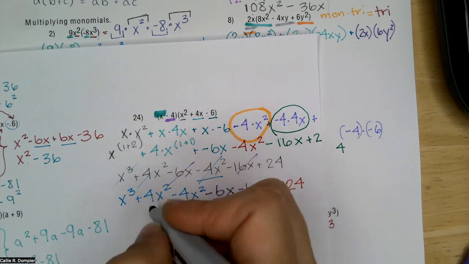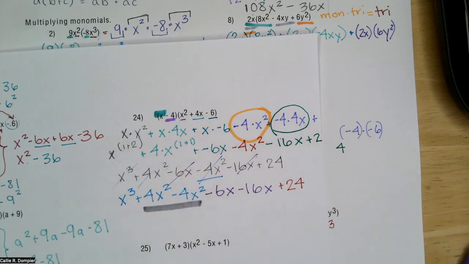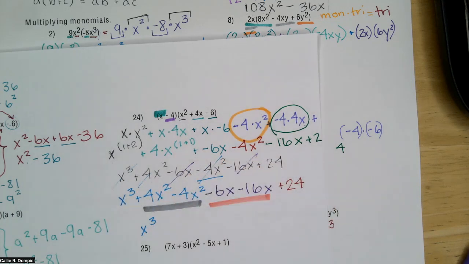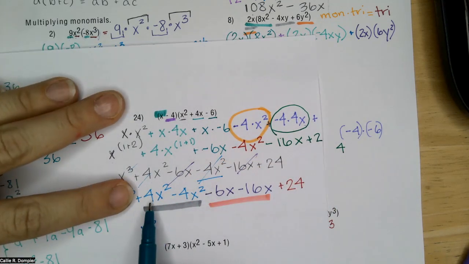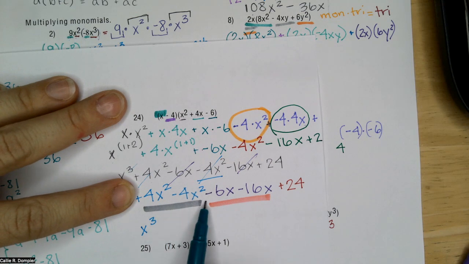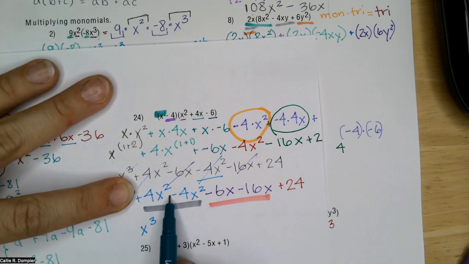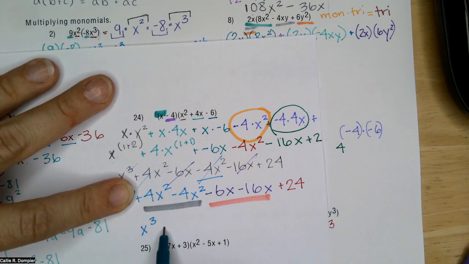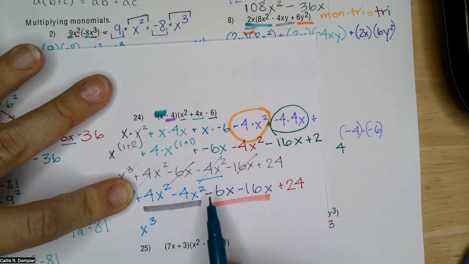It looks like these two are like terms, and it looks like these two are like terms. Okay. So that will be x to the third. We're going to add 4x squared minus 4x squared. It's going to disappear because those are 4x squared and 4x squared, but one's positive and one's negative. So 4 minus 4 is 0x squared, so they just cancel.